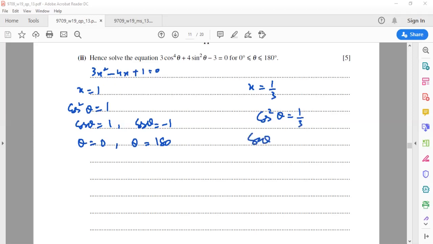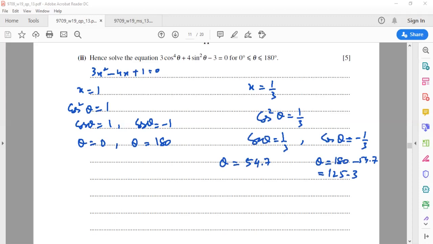So cos theta is equals to 1 over 3 and cos theta is equals to minus 1 over 3. So the theta is lying either in the first quadrant or in the second quadrant. And if you use calculator cos inverse of 1 over 3, we have got it equals to 54.7. So in the second quadrant, 180 minus 54.7, which gives us 125.3.